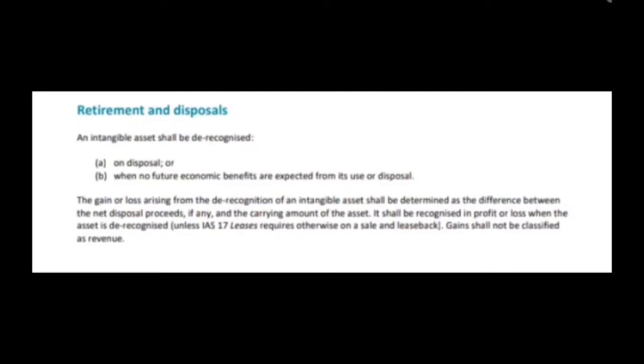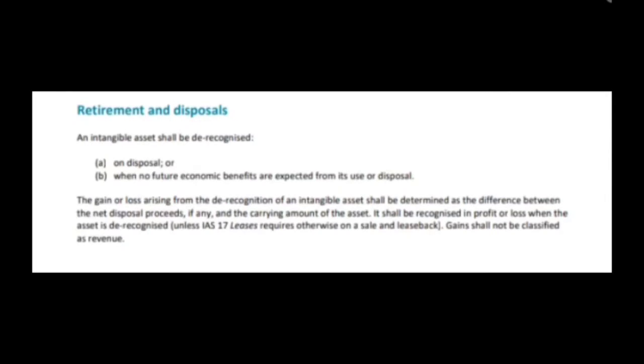An intangible asset shall be derecognized on disposal or when no future benefits are expected from its disposal or use. The gain arising from derecognition of an intangible asset shall be determined as the difference between the net disposal proceeds and the carrying amount of the asset.